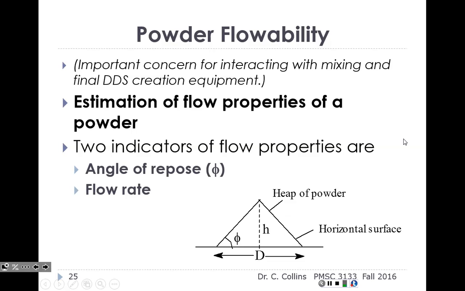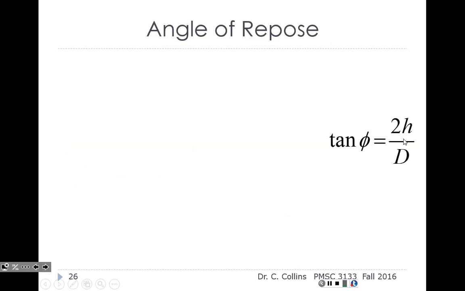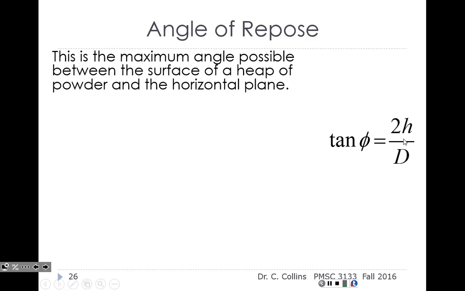So we're going to set up an instrument where we're going to let the powder come out and create a pile that we can measure in a variety of ways. Kind of makes intrinsic sense when we go through it. The angle of repose is the maximum angle between the surface of the heap of powder and the horizontal plane.